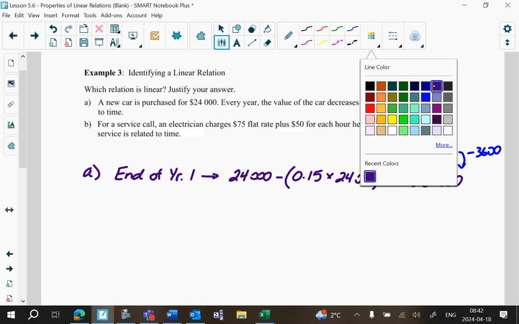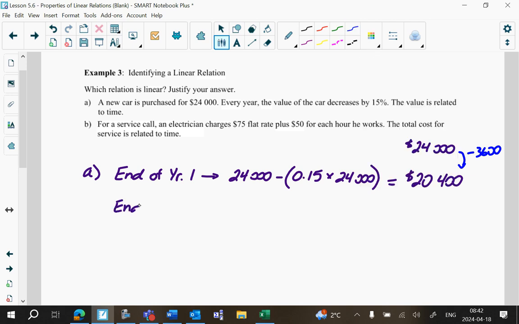So the end of year 2, we take the value of the car now, which is 20,400, and subtract 15% of 20,400, or 0.15 times 20,400.